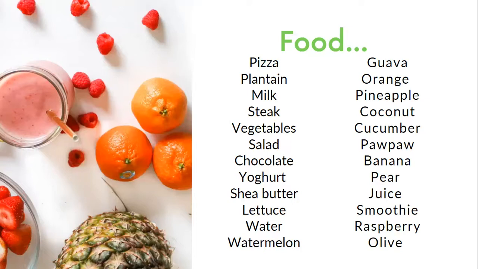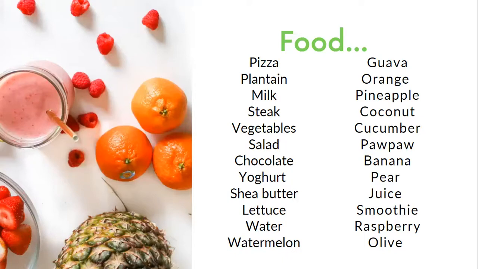The first E, in fact, vegetables, it's just vegetables, three syllables. There's a disappearing syllable there. Salad, chocolate, same for chocolate. So the second O is not pronounced, just chocolate. Then yogurt. Now, this word could be pronounced as yogurt or yogurt, but not yogurt. So it's either you say yogurt or yogurt. Then shea butter, not shea butter.